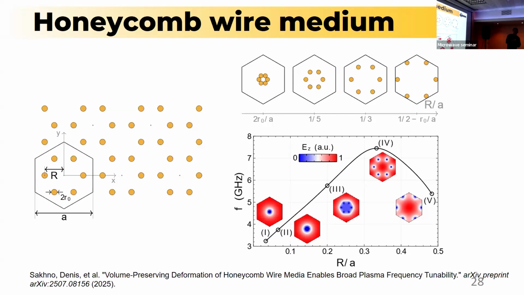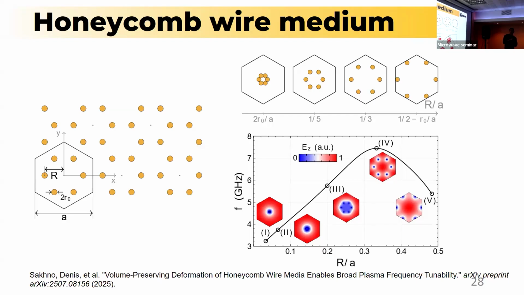So one strategy that we propose is to tune that plasma frequency by using the deformation of a honeycomb lattice wire medium. This deformation will consist of changing this R parameter.